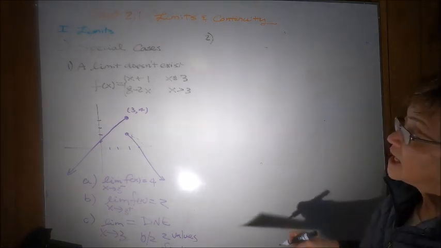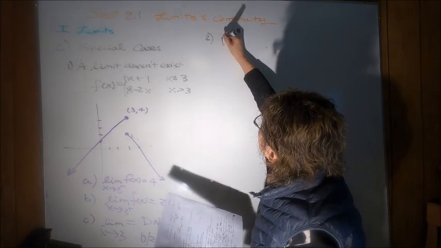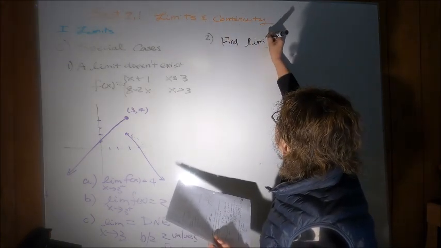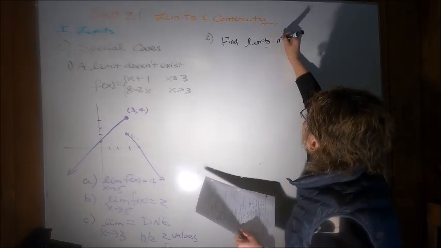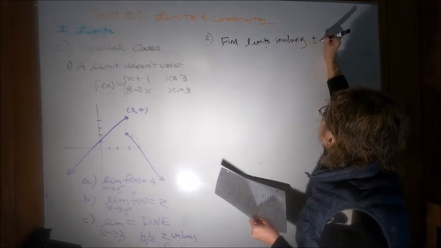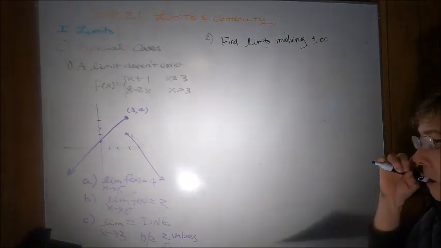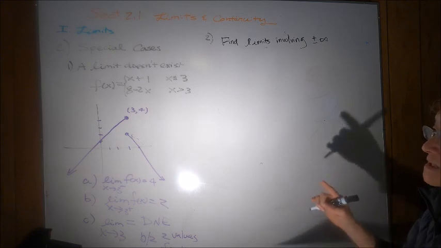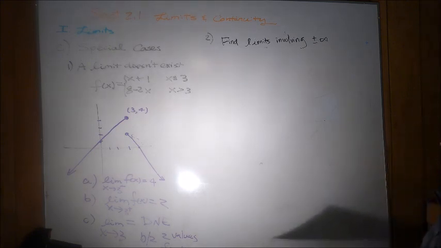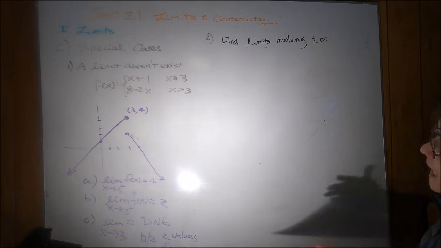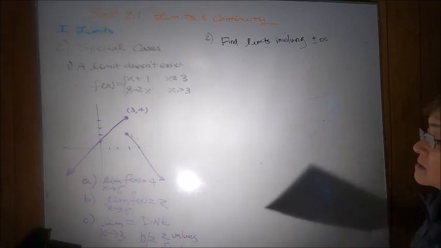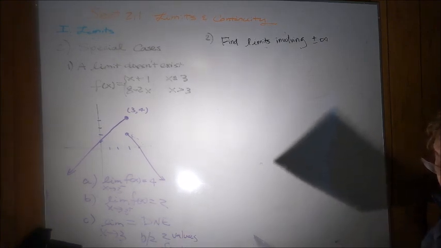Another one is finding limits involving special situations with infinity. So one is limits, another is infinity, and that is a very abstract concept for you. Okay? So let's take a look. What are we talking about?